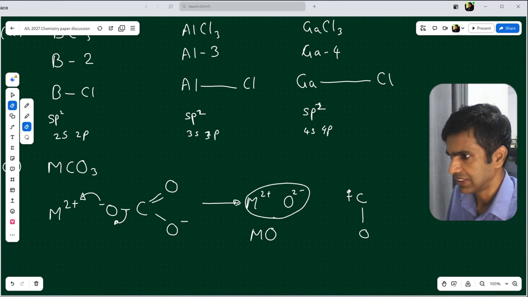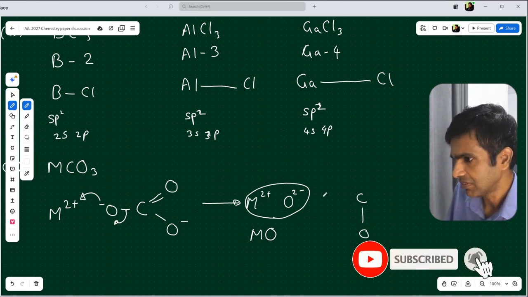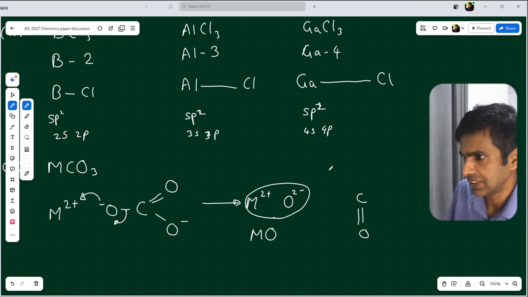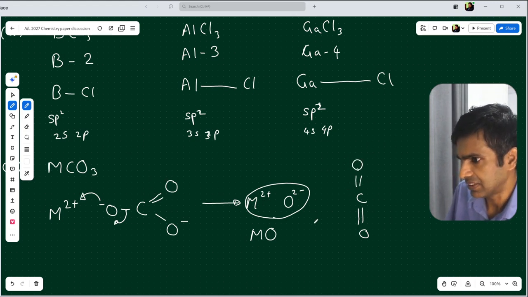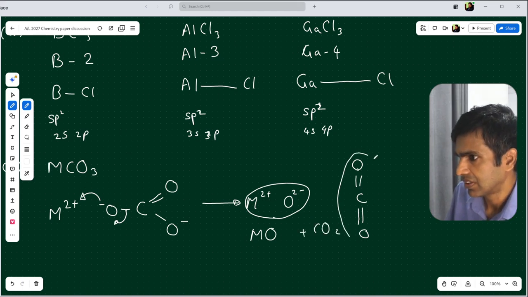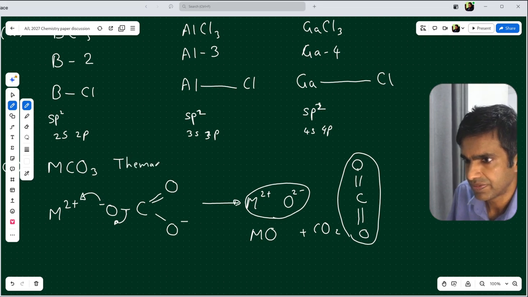Then this is neutral, this is neutral. Both atoms have unpaired electrons. Therefore, a covalent bond can be formed. So what's this? It is carbon dioxide. So we can explain the thermal decomposition of this carbonate like this.